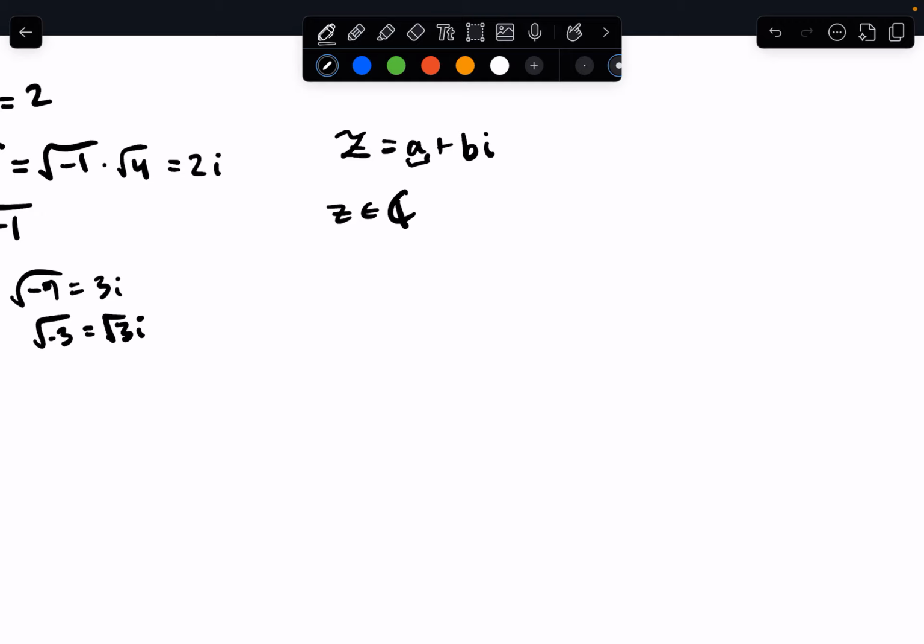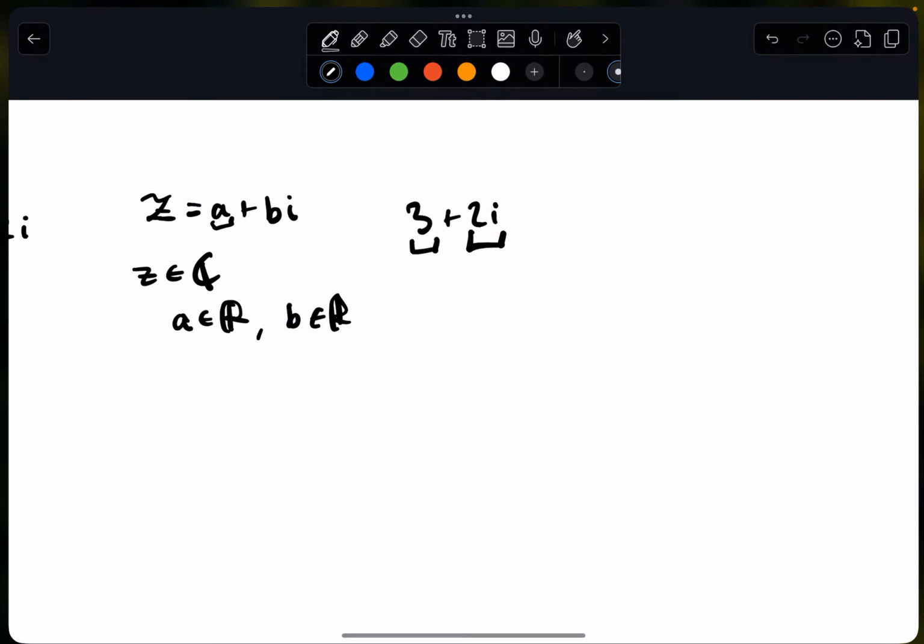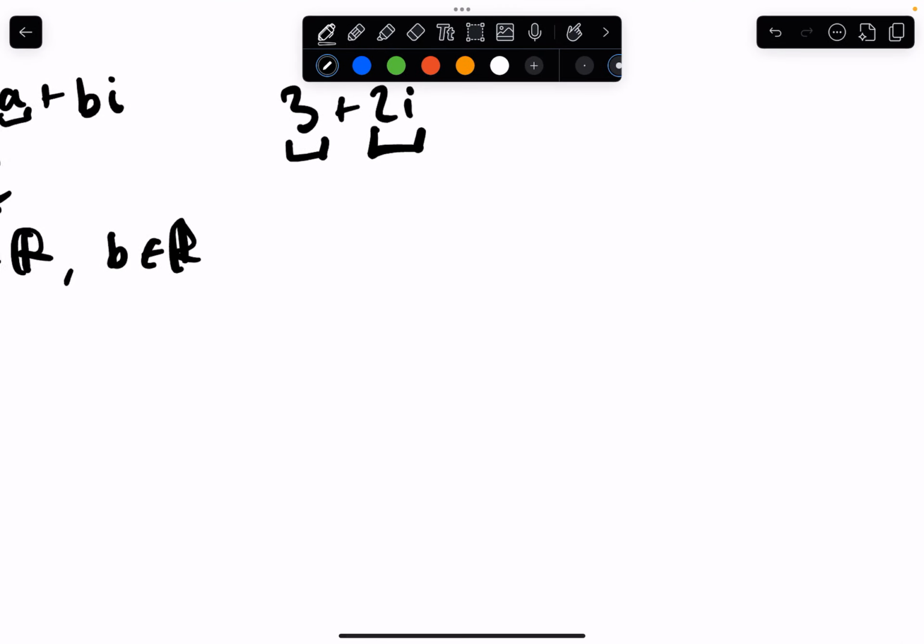So this states that a is a real number, so is b. An example of a complex number is 3 plus 2i. This right here has a real part 3 and an imaginary part 2i. And this is going to make more sense when I introduce this here.